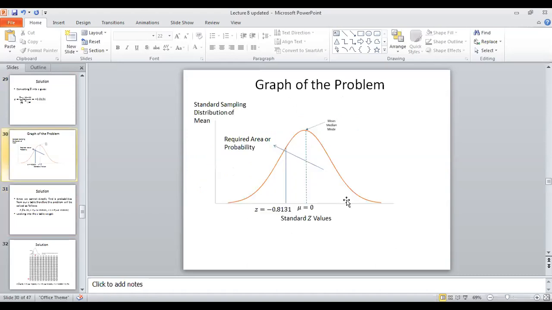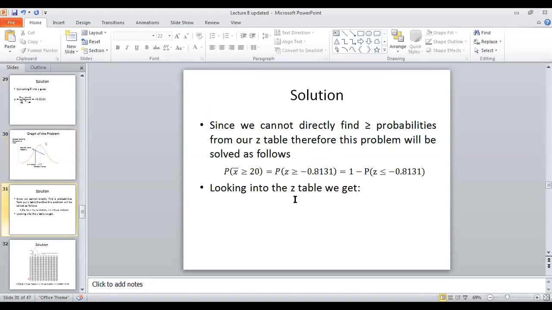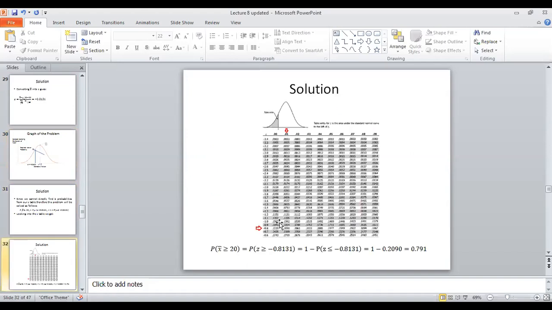Remember that we cannot find the probabilities of greater than regions directly. Rather, we can find the lesser than region probability and subtract this answer from the whole area of the curve, which is basically 1. So this is the approach that we use for finding the probabilities or areas for the greater than regions.